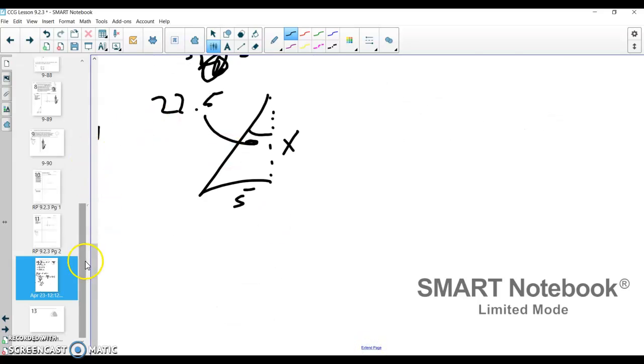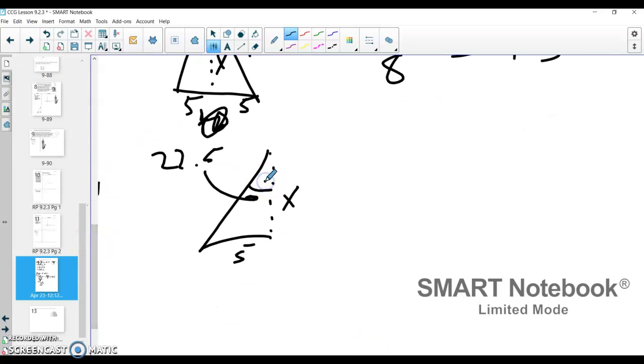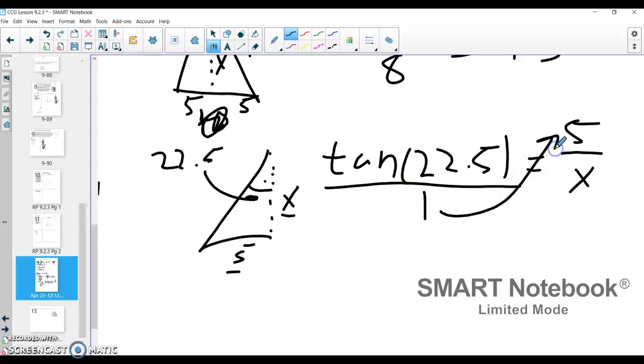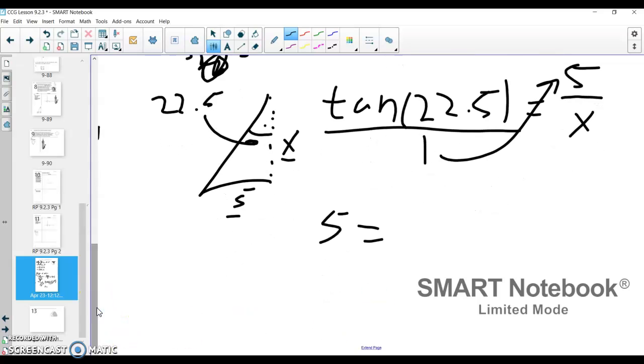All right, well, I have my angle right here. 5 is opposite, x is adjacent, and so the tangent of 22.5 equals opposite divided by adjacent. So this is 5 divided by x. Put the tangent of 22.5 over 1, and I cross multiply. 1 times 5 gives me 5. The tangent of 22.5 times x is the tangent of 22.5 times x.